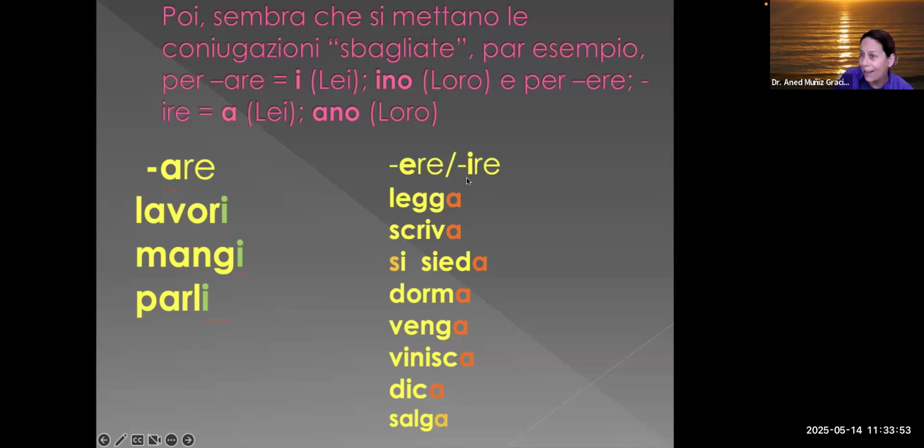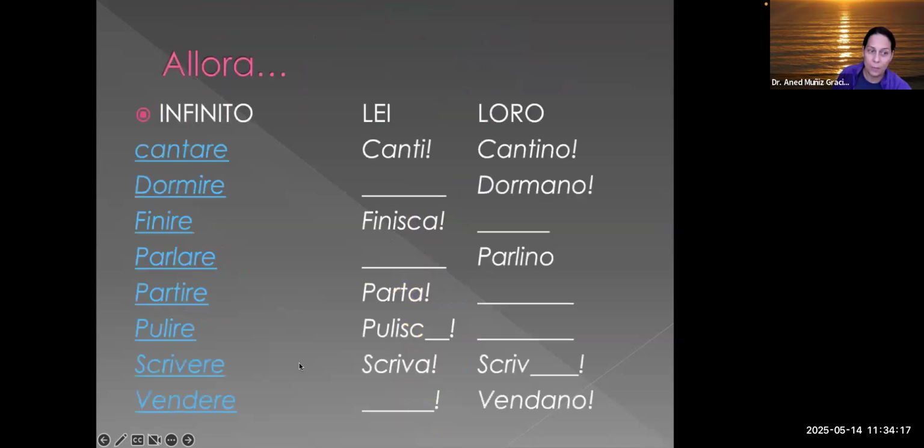For -ire and -ere verbs, you put the A, right? So it's like you're switching them. The -are verb takes the -i ending, and the -ire and -ere verbs take the -a ending. Lavori, lavorino, legga, leggano, right? And yes, let's see, clear drawings, so we can move on.